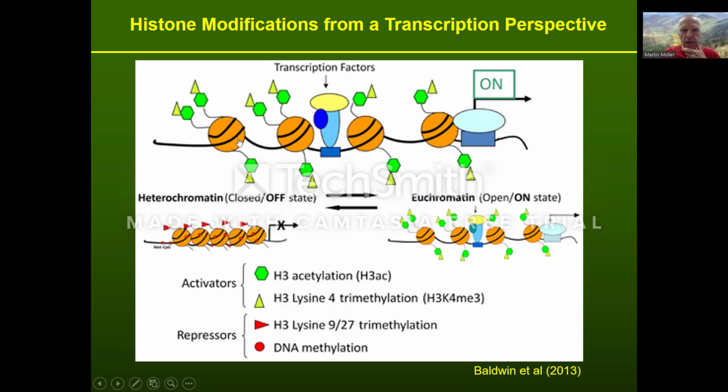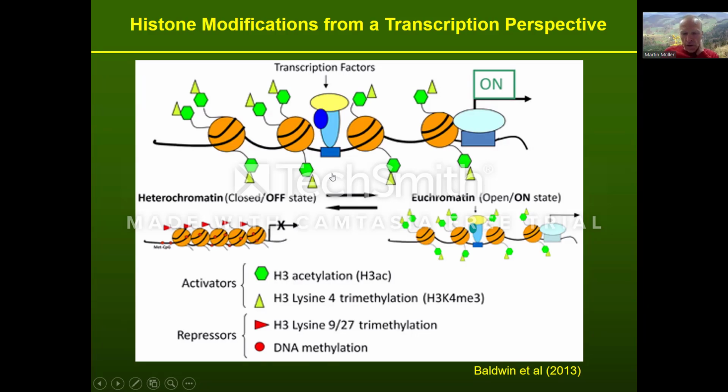there are these beads on a string patterns. We have transcription factors, and we have here the promoter of a gene where the RNA polymerase sits, and you can see that the tails are modified.